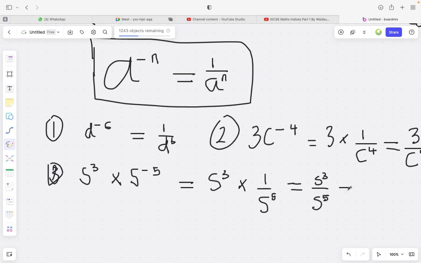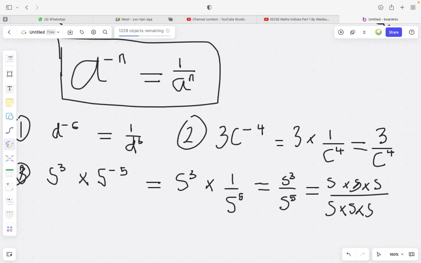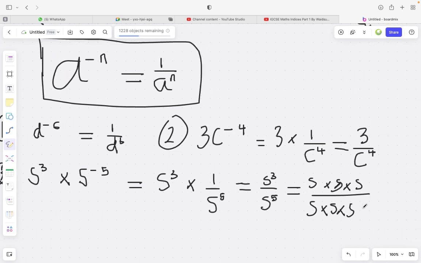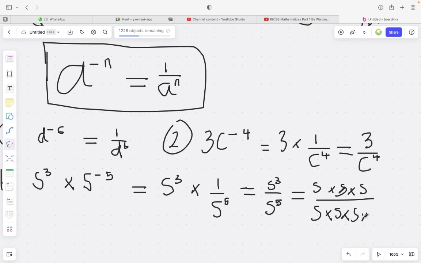This is the same as saying s times s times s all over s times s times s times s times s, s in 5 places.